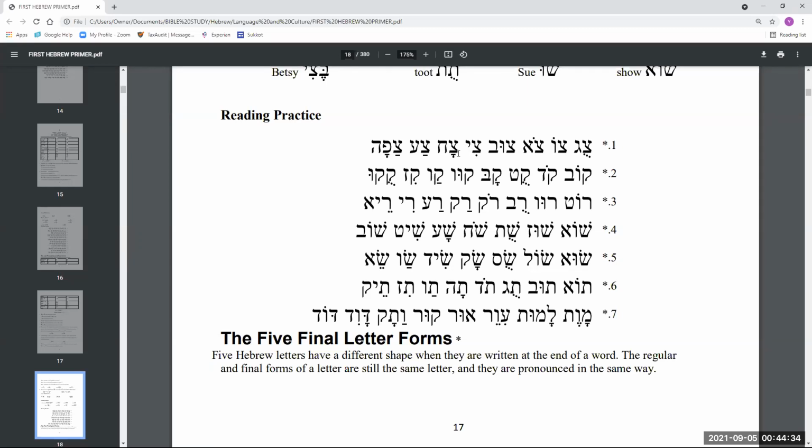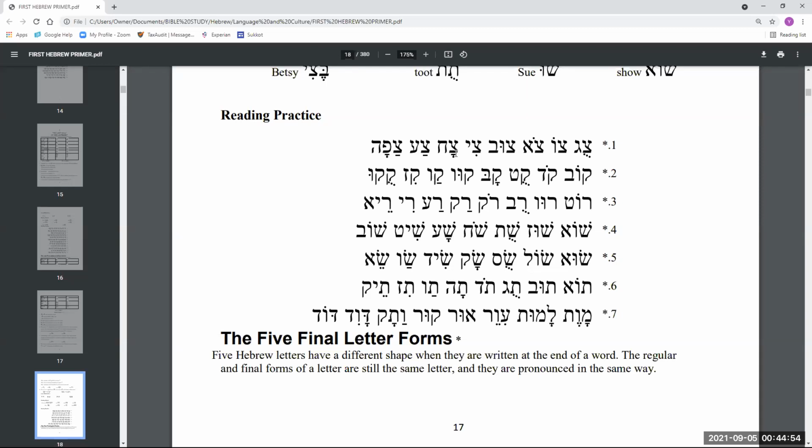A tsadi with an aleph and a het. Oh, wait, that's the aleph. I meant to say a patach. Is that a patach or kamatz? Kamatz, oh, that's a kamatz. Okay, I get those two mixed up.